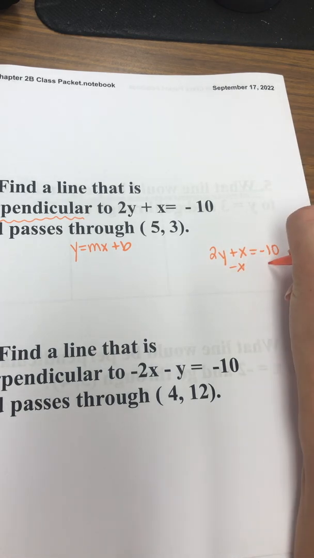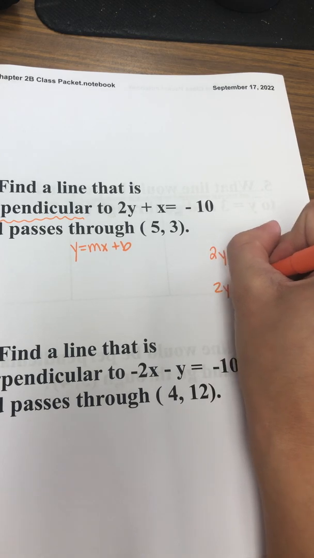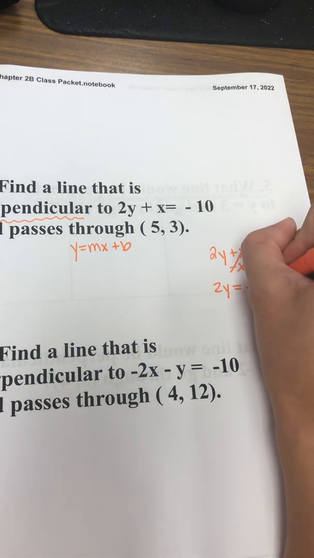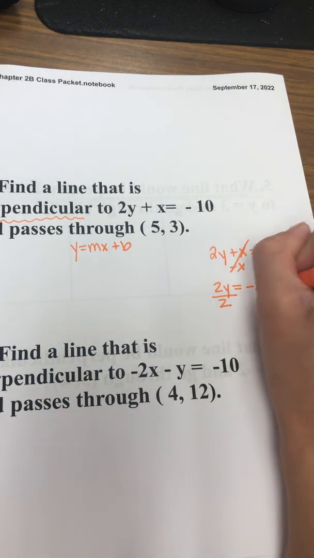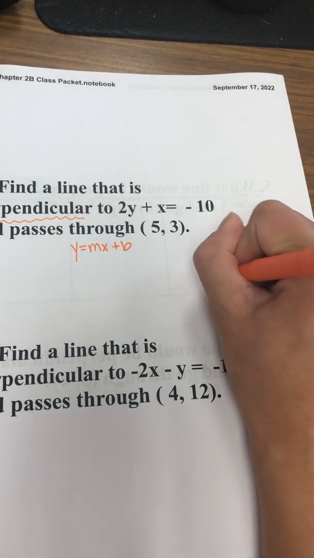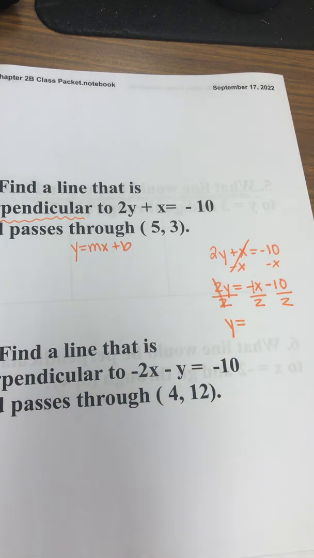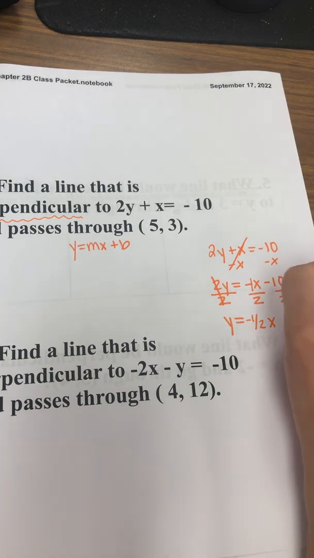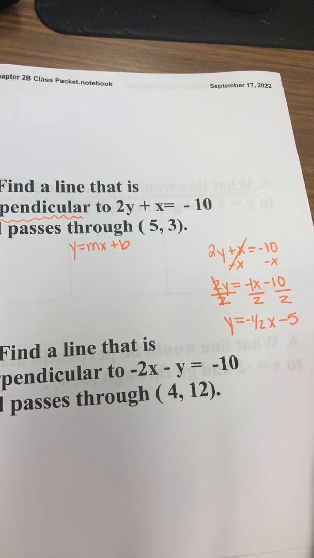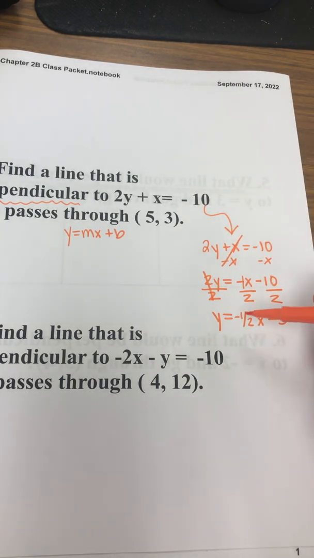I gotta move the x to the right-hand side by subtracting it in this case. So 2y equals -x minus 10. Divide everything by 2. There's technically a 1 here. So that's gonna leave -1/2 x. And then -10/2 is -5. All right, so there's their equation. Their slope is -1/2.